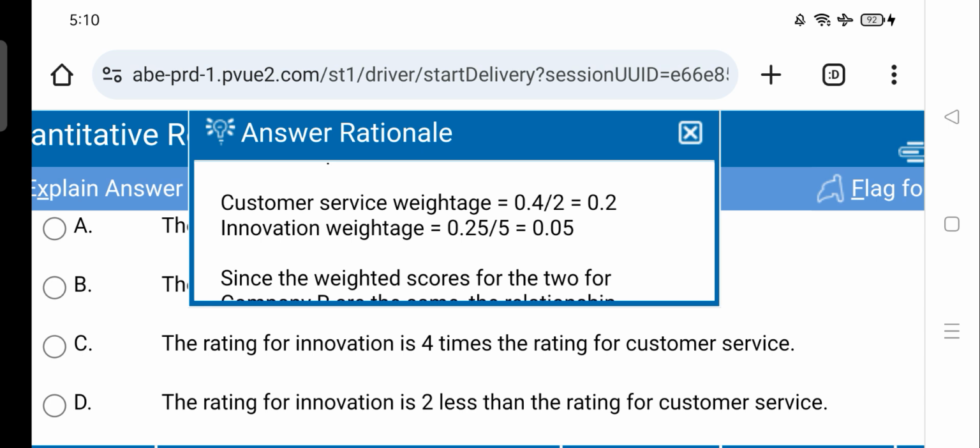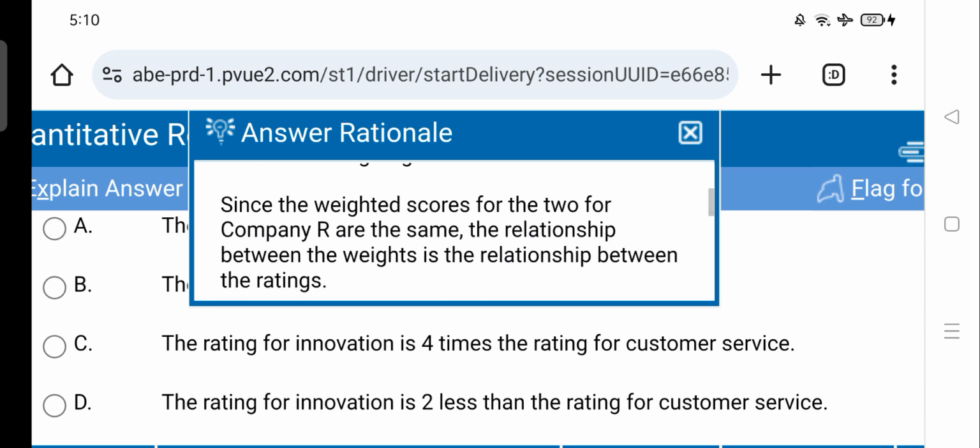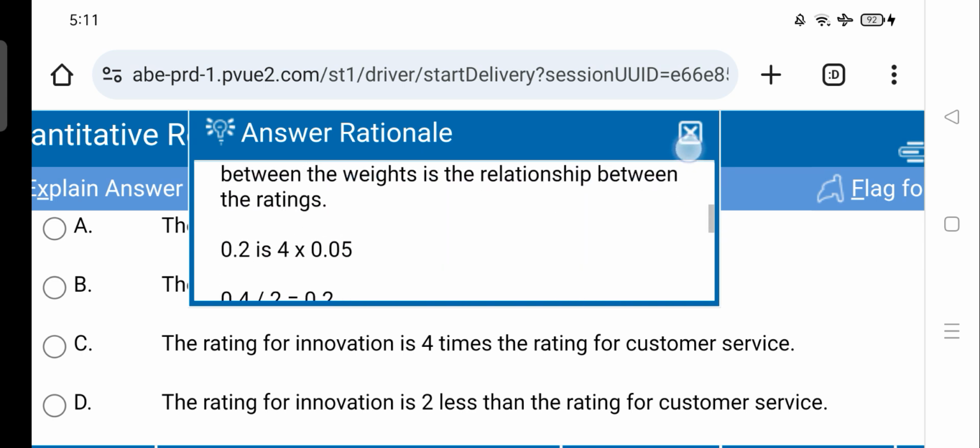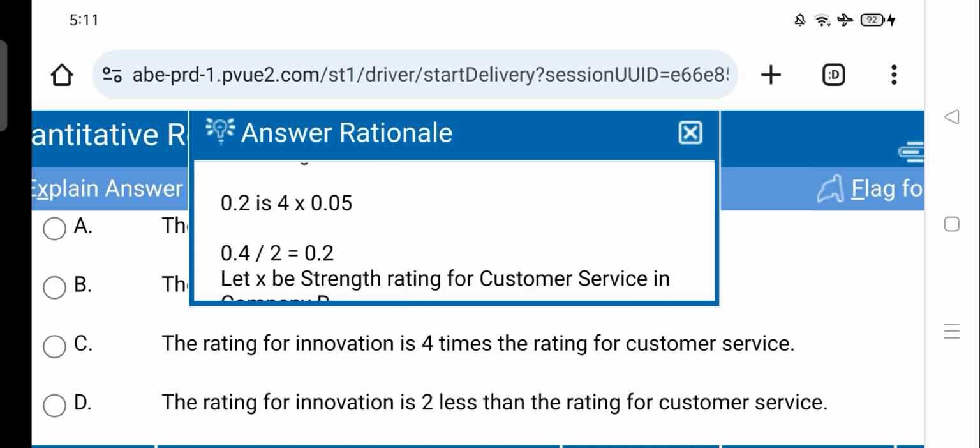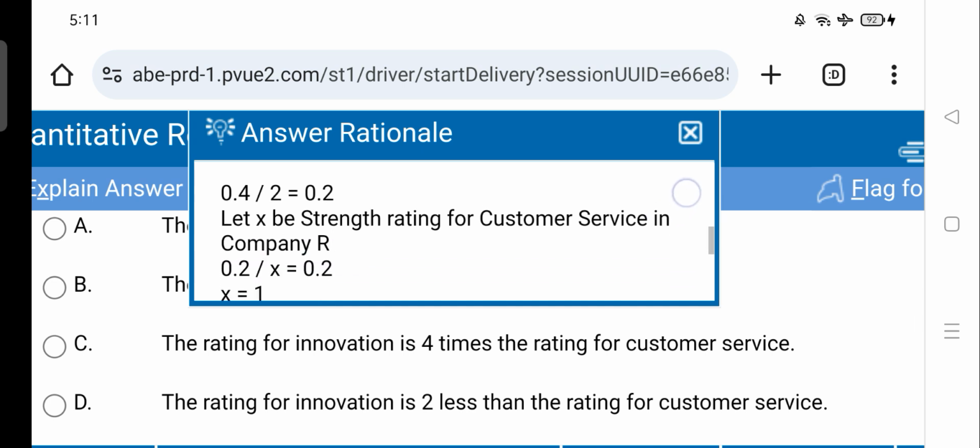Since the weighted scores for the two for company R are the same, the relationship between the weights is the relationship between the ratings. So we have 0.2 is 4 multiplied by 0.05.